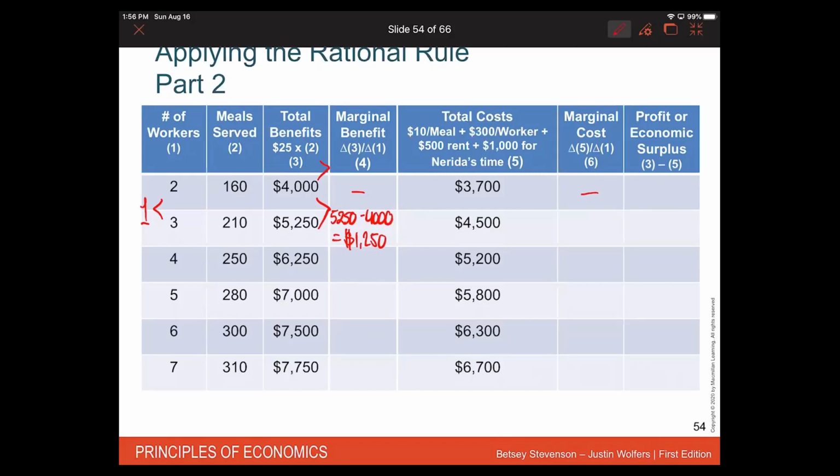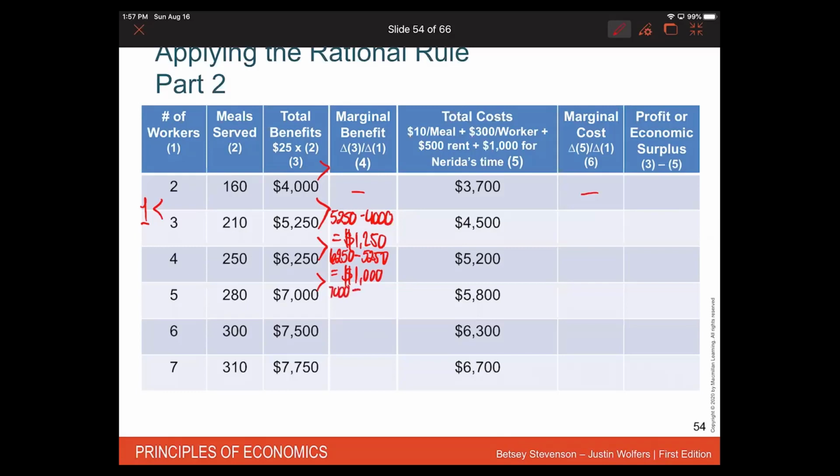Now, let's calculate the 4th worker's marginal benefit. You do the same thing, but now you subtract 6,250, the total benefits when there's 4 workers, minus the total benefits when there's 3 workers at 5,250, giving us $1,000 in marginal benefit. Now, the marginal benefit of the 5th worker, we do that again by subtracting the total benefits of the 5 workers, which is 7,000.